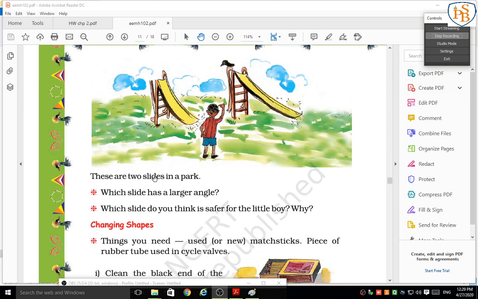Then we have seen different types of shapes, where we used one picture of a slide, one slide small in size and another one bigger in size. A small slide makes a small angle, then the bigger slide makes a bigger angle, correct? These all points we have covered in the last two sessions.